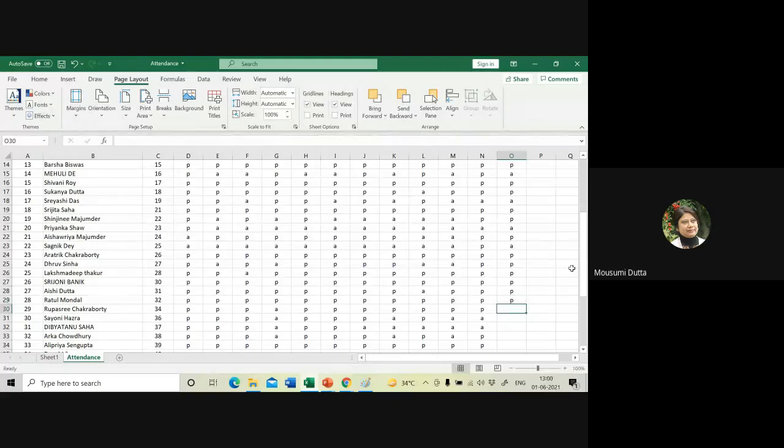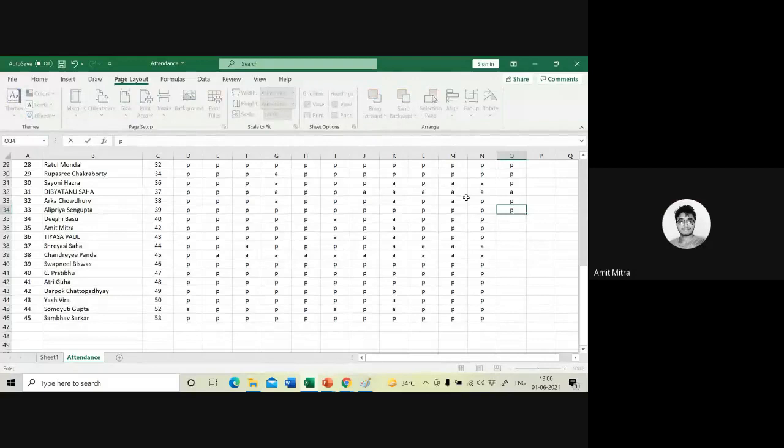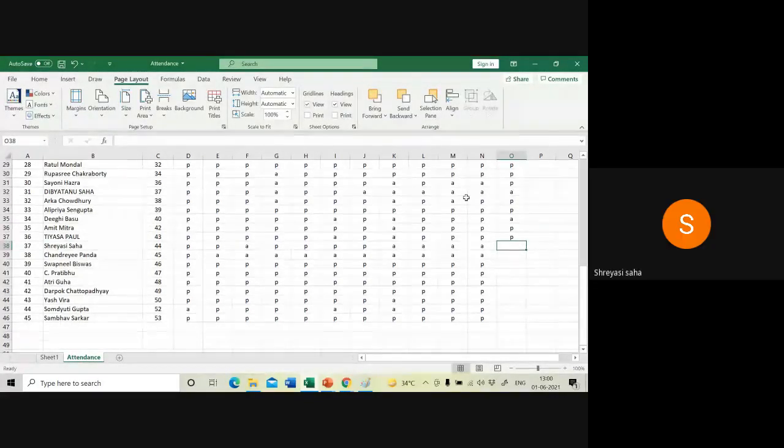Rupasri, Present, ma'am. Shayoni, Present, ma'am. Dibbotonu, Orko, Present, ma'am. Alipriya, Present, ma'am. Amit, Yes, ma'am. Yasha, Present, ma'am.